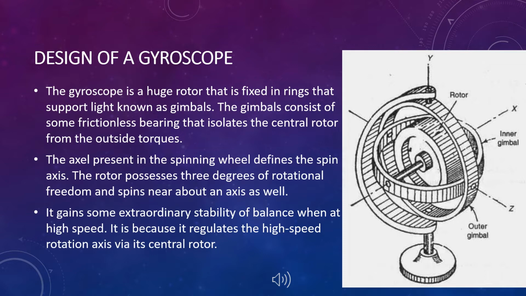The rotor possesses 3 degrees of rotational freedom and spins about an axis as well. It gains extraordinary stability of balance at high speed, because it regulates the high speed rotational axis via its central rotor.